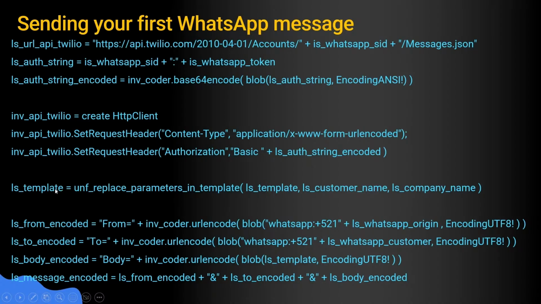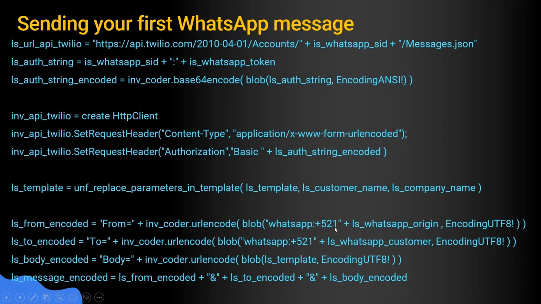Now we have the message just as the user is going to receive it, but we need to get also variables from. It's a WhatsApp number that is sending the message.